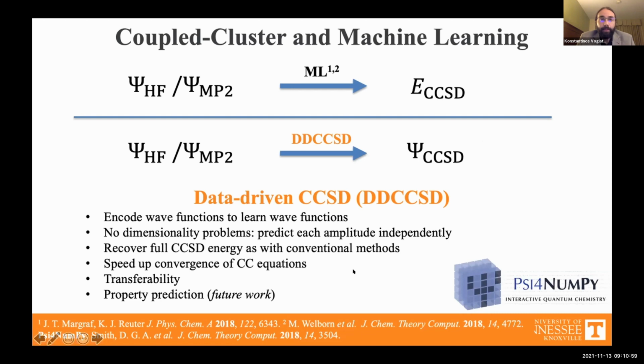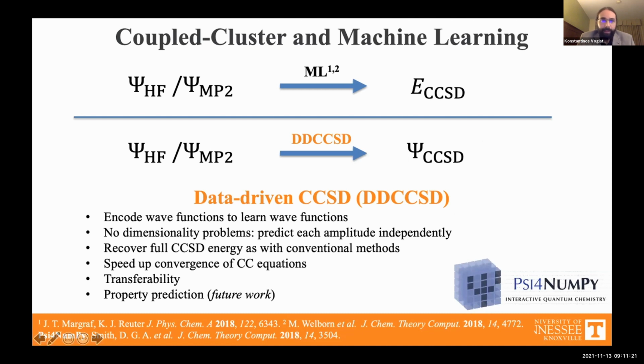And once we have a predicted wave function, we can recover the full coupled cluster energy by introducing the predicted amplitudes into the standard coupled cluster solver. This will help us converge the coupled cluster equations faster. And since we have encoded the physical properties of the two electron promotions, we can hope for transferability.